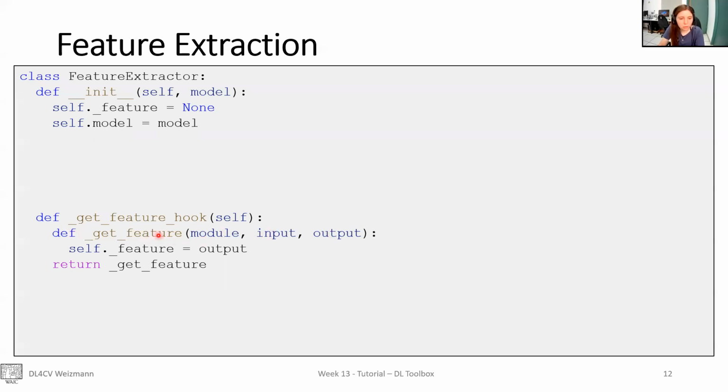So this is the actual hook, and what the hook performs is it addresses the inner member of FeatureExtractor, the feature member, and assigns the output to be inside self.feature. So actually, our hook method addresses self members of the class.